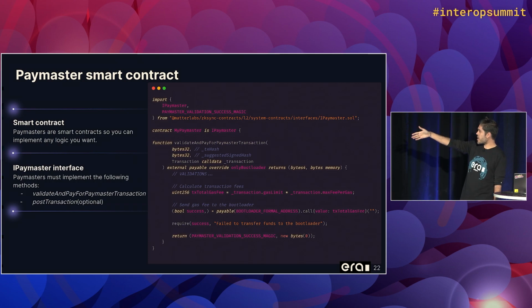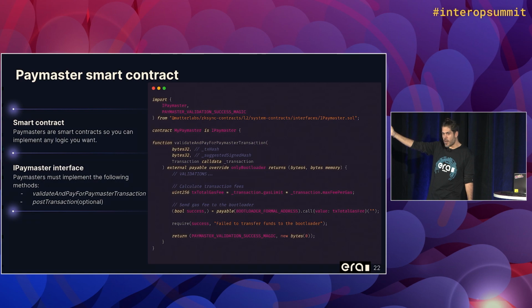And this is a very basic example. The validateAndPayForPaymasterTransaction receives all the data of the transaction, and then you can run your validations. As I mentioned, you can check if the message sender has a specific NFT, or basically any logic that you want. Once you have checked that the validation is correct, you will check how much the transaction fees will cost in ETH, using the gas limit and max fee per gas.